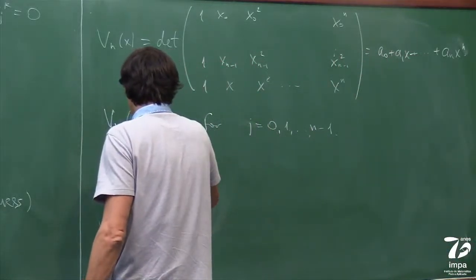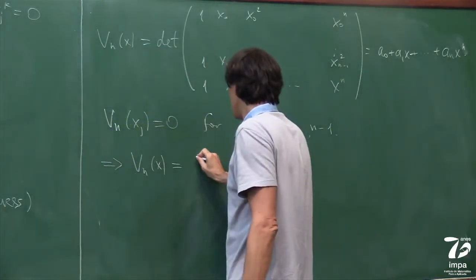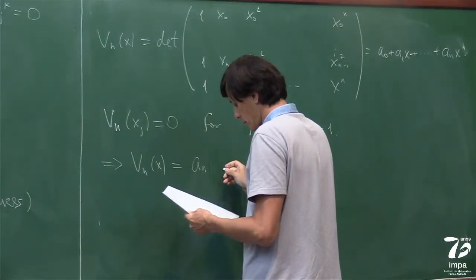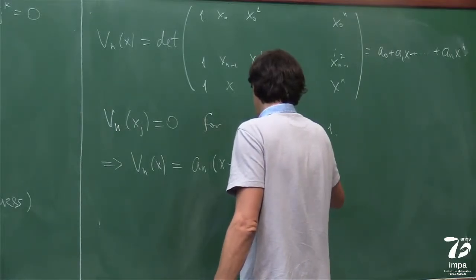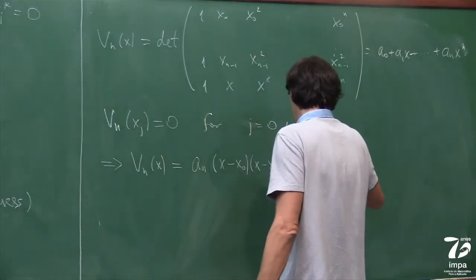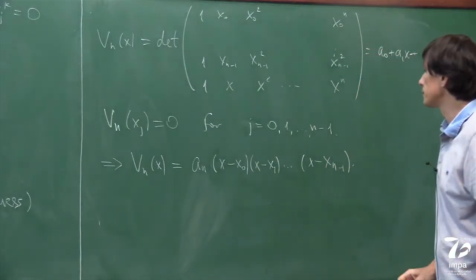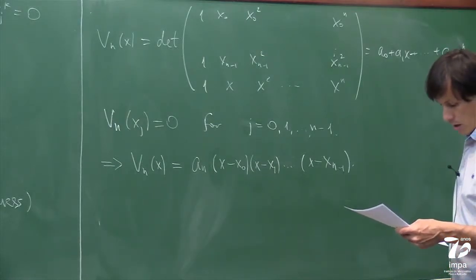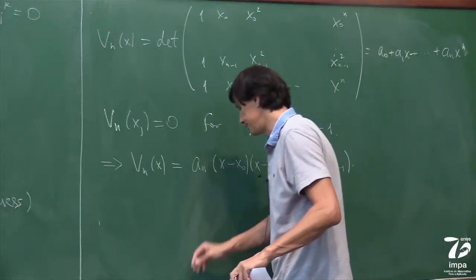So Vn of x is the leading coefficient an times the product of x minus x0, x minus x1, up to x minus xn minus 1. So this is a polynomial, and it remains to find the coefficient an.